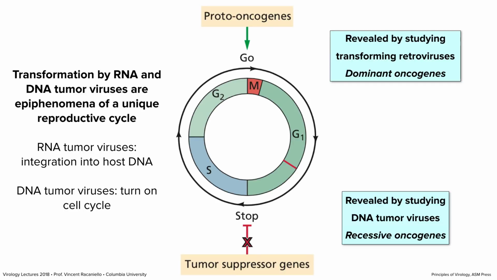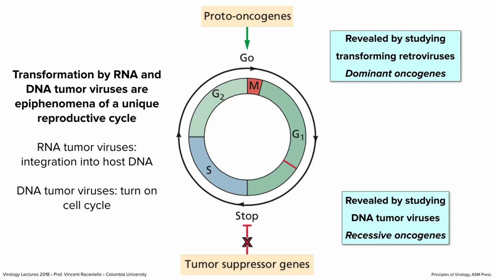So this summarizes both sets of viruses, and emphasizes for both classes, again, that transformation is an epiphenomenon, because RNA tumor viruses have to integrate, so the chances are that they will pick up an oncogene by accident, and DNA tumor viruses have to turn on the cell cycle and antagonize RB and P53.